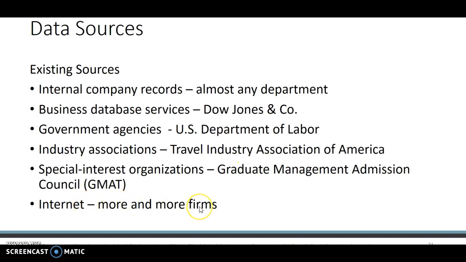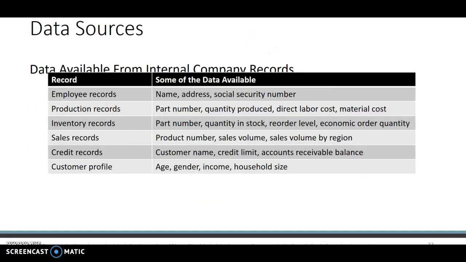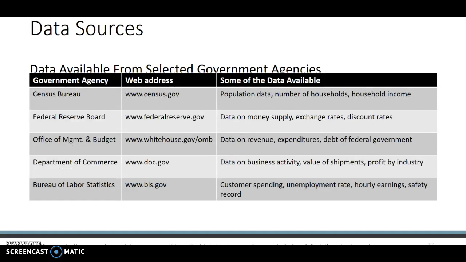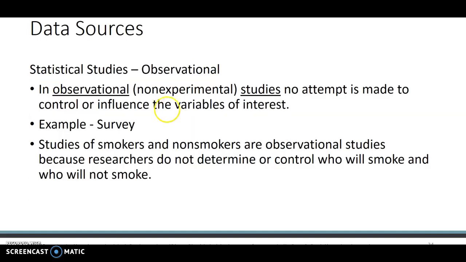More and more firms are placing their information on the internet. Another place you can get a lot of information is from the Federal Reserve Bank of the United States, if you're looking for economic information. The Federal Reserve Bank of St. Louis keeps FRED, which is a database of economic data. There are some other sources there for you.